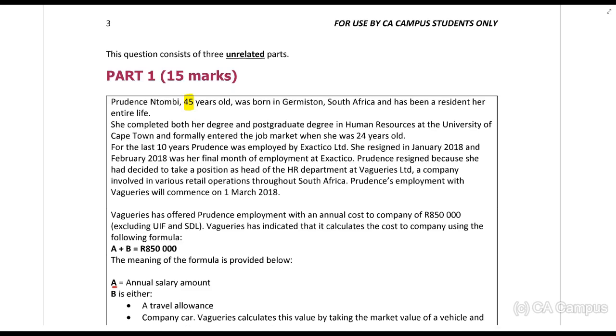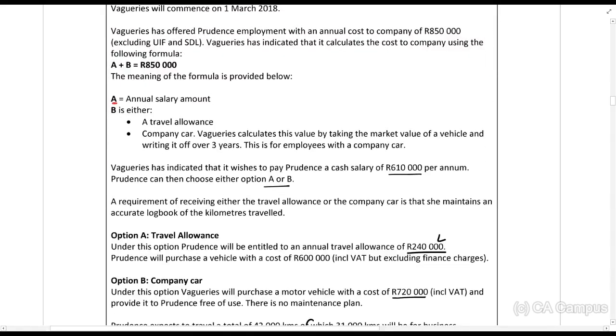So, under option A, she gets a travel allowance. So let's start with that.